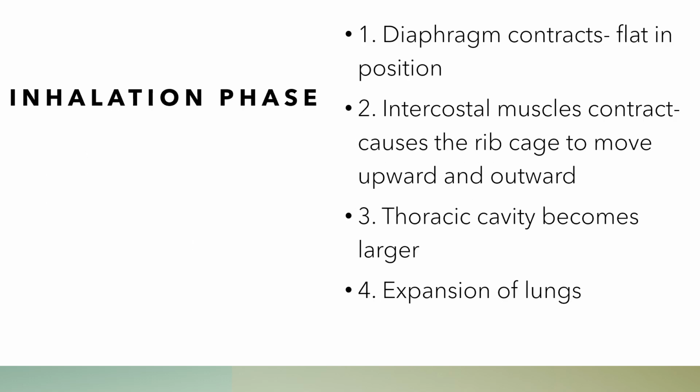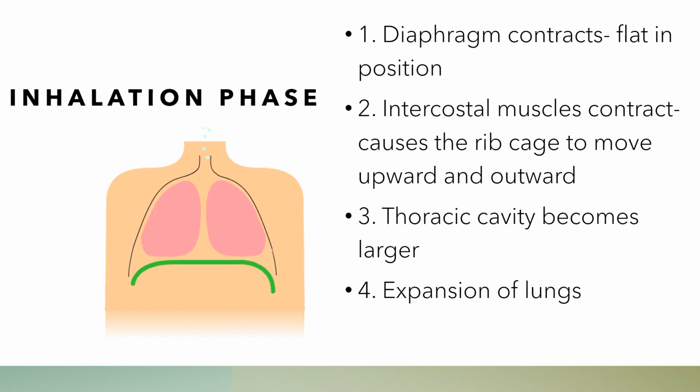Now let's proceed. During the inhalation phase, the diaphragm contracts into a flat position. This is what happens in your diaphragm. So I just want you to look at the C-shaped position. From the C-shaped position, it goes to a flat, letter I position. Just look at the color green. Next, for number two, intercostal muscles contract, causing the rib cage to move upward and outward.